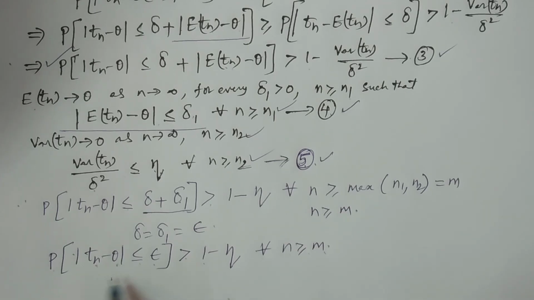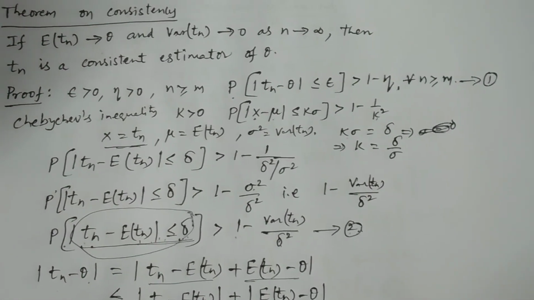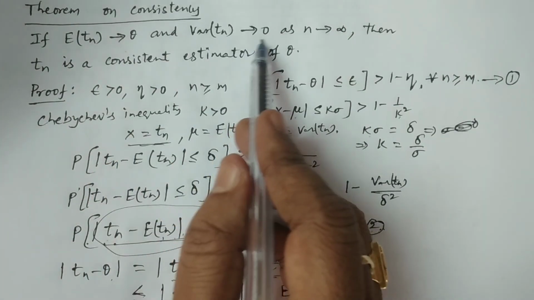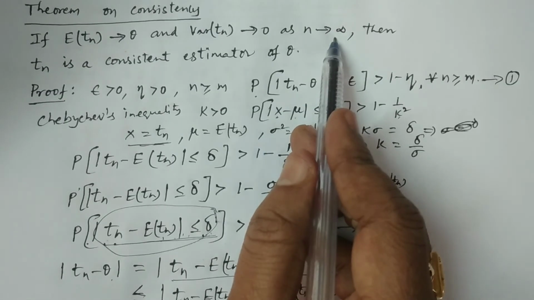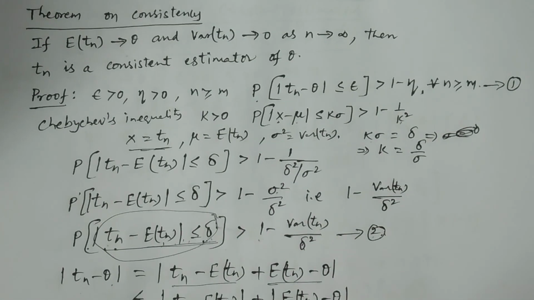Therefore, Tn is a consistent estimator of theta whenever the expectation of Tn tends to theta and the variance of Tn tends to 0 as n tends to infinity. You understand, this is one of the very important results and theorems of consistency. Thank you very much.